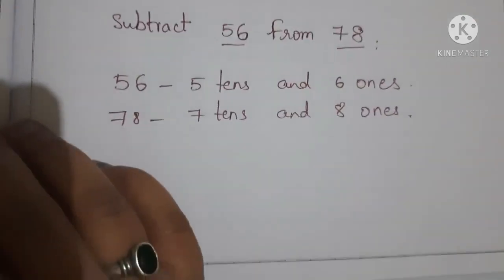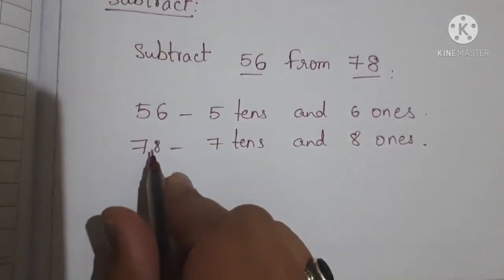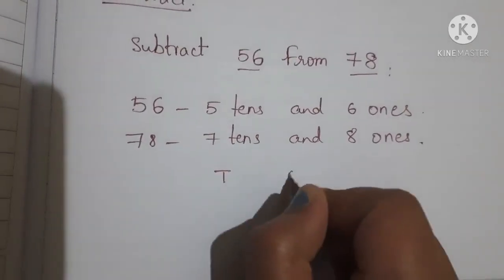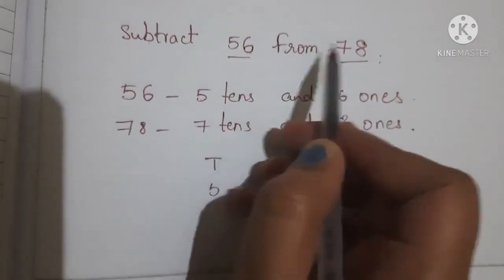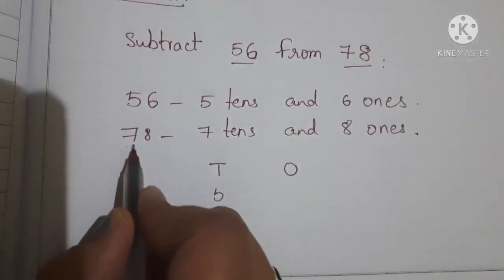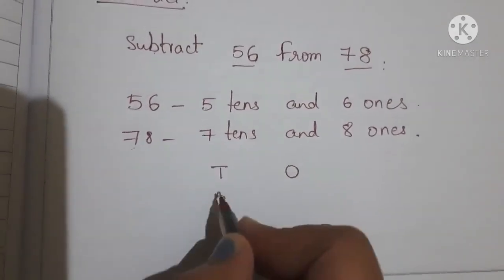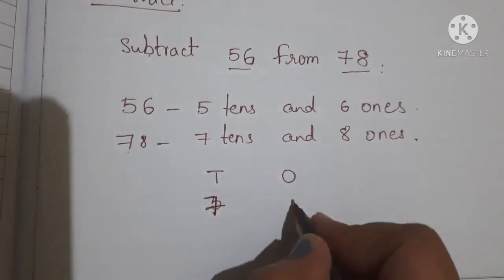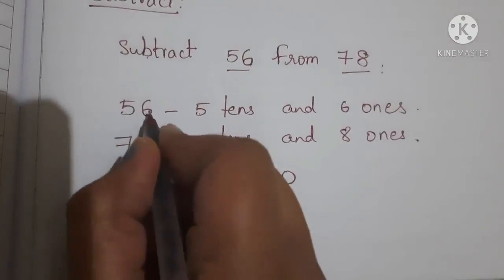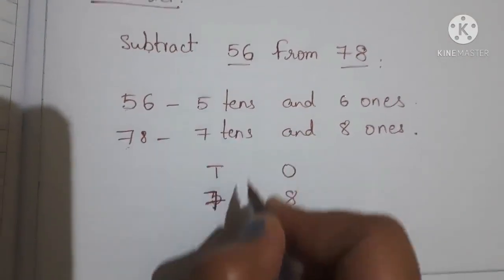Now we are going to arrange these numbers under tens and ones. So we are subtracting 56 from 78. So we are going to write 78 first. So 7 tens, 8 ones. 56, 5 tens.